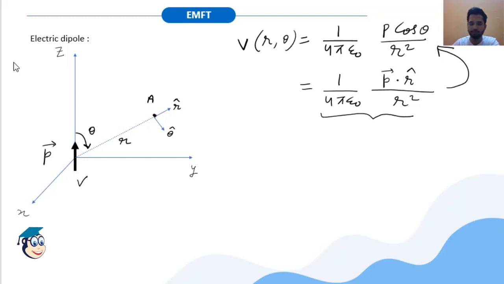And now, what is the electric field due to this dipole moment at point A? That is the second question.